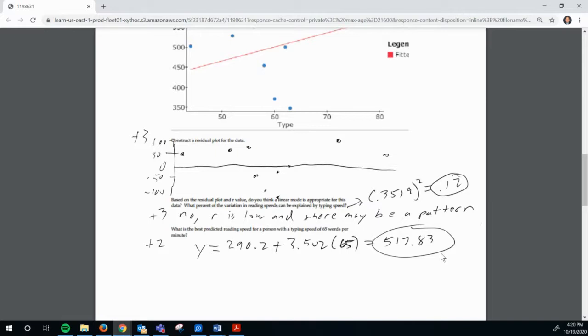The R squared value is the percent of variation that's explained by that variable. So what that would be saying is, of the percent of variation in reading speed, only 12% of it is explained by the speed that someone can type. Not a lot of it, right? So your typing speed does not necessarily dictate or explain reading speed, and probably vice versa. So it's a weak correlation here.